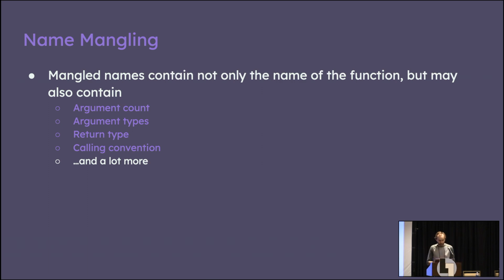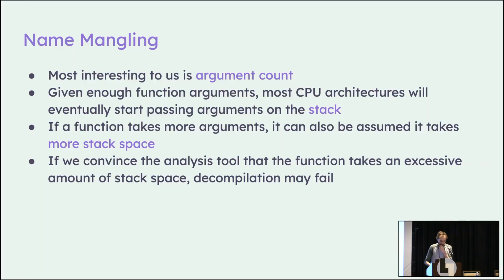But the one that we particularly care about here is actually argument count. To get into why that's interesting, we have to talk about calling conventions a little bit. Again, we're talking mostly about x86, but regardless of the architecture, calling conventions tend to work about the same way: maybe the first few arguments to a function get passed through registers, but if you have enough arguments, eventually you're going to start passing stuff on the stack.